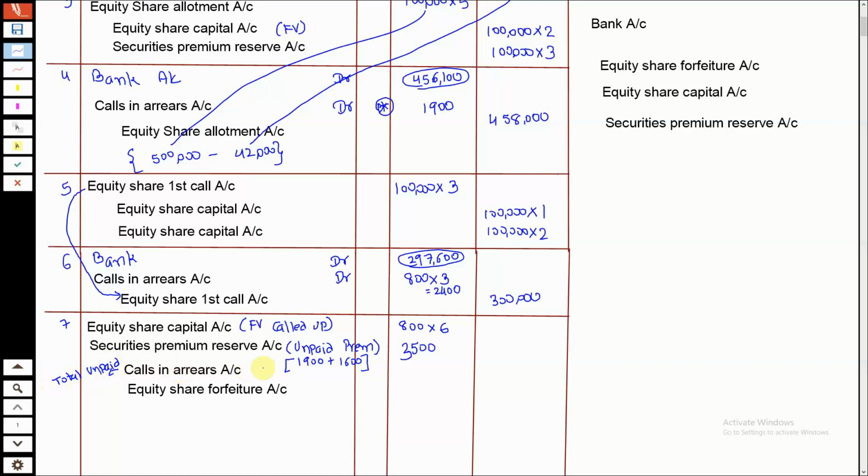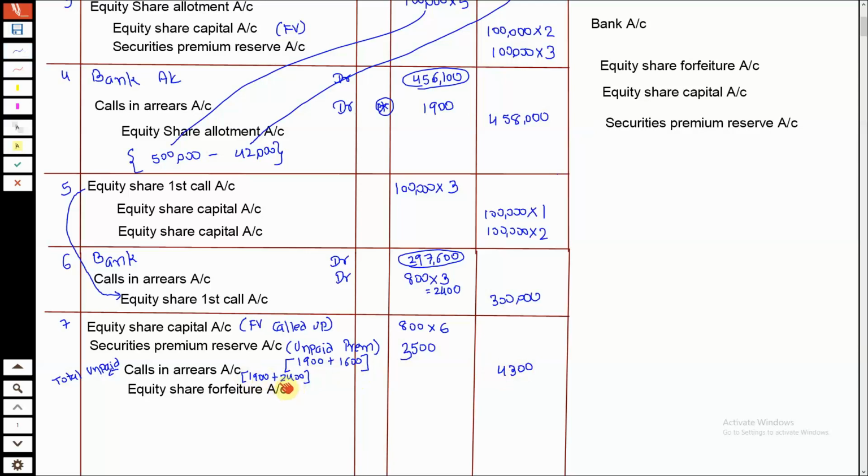So what is the total unpaid amount? In calls in arrear, if I write, allotment's is 1900, but Rahim must not have paid the entire 3 rupees on his 800 shares. Look, when I write calls in arrears, I will have to see the total, total meaning not just premium but face value too. So the entire 2400 is unpaid, so I will write here plus 2400. Okay, so I will have to add this, so it comes to 4300.